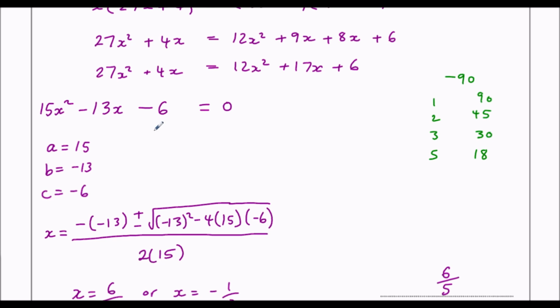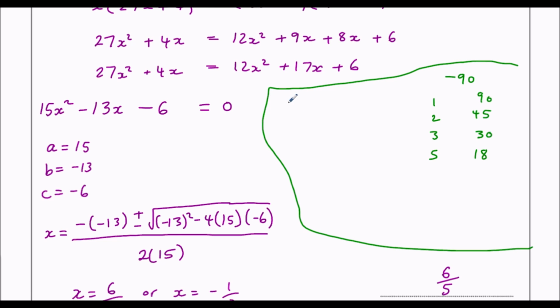And that will give me my negative 13. So I can rewrite 15x squared minus 13x minus 6 as 15x squared plus 5x take away 18x minus 6. So instead of negative 13, I've got plus 5 minus 18. It means the same thing.